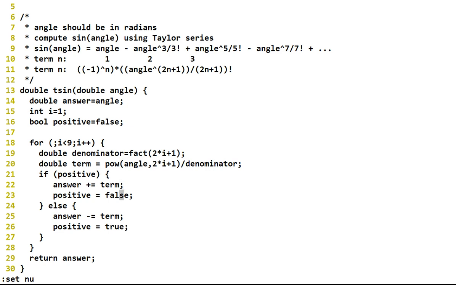And we look at positive, and we say, positive has to be set outside the loop to some initial value. So we can't do that. i has to be set outside the loop because it's the index to control the loop. And answer, well, answer gets used outside the loop when we return. It's computed inside the loop.